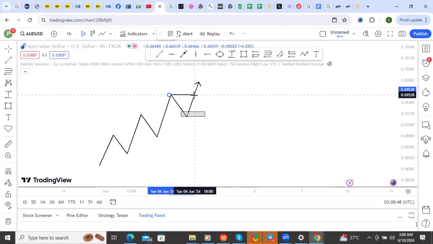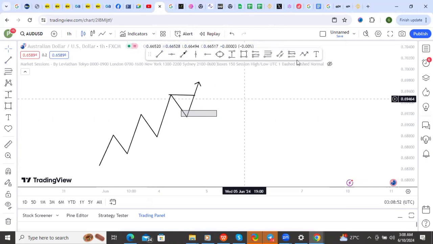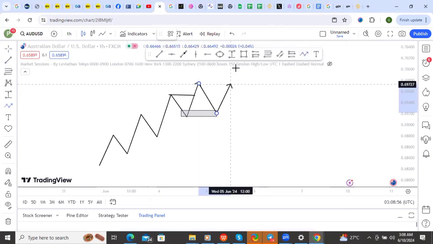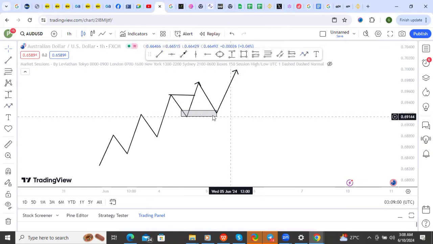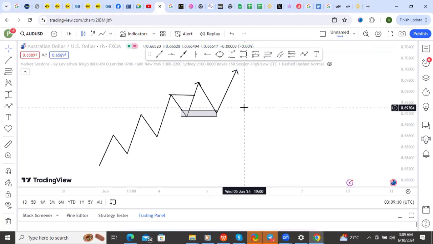So you will be expecting that if price comes back, it should respect this zone and continue the trend. Is that not it? But whenever you see a violation of this order block, that is when it becomes a breaker block.